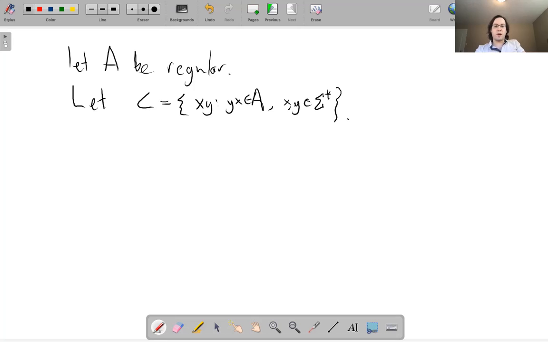So show C is regular. Here we constructed C out of A. A is regular, and we want to show C is regular.